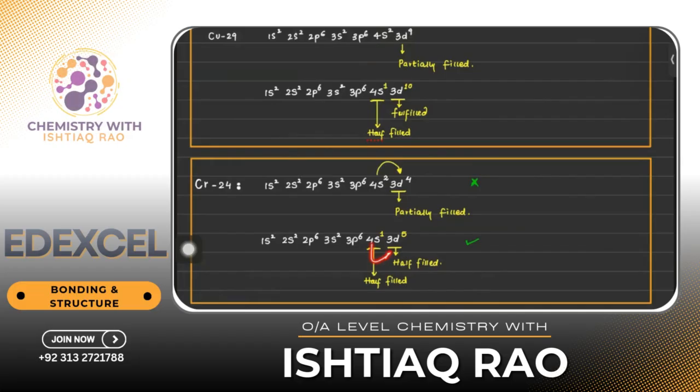It would become 3d5 and 4s1. Both are half filled, both are stable. So this would be the stable configuration for chromium. But remember, this is valid only for copper and chromium according to the syllabus requirement.